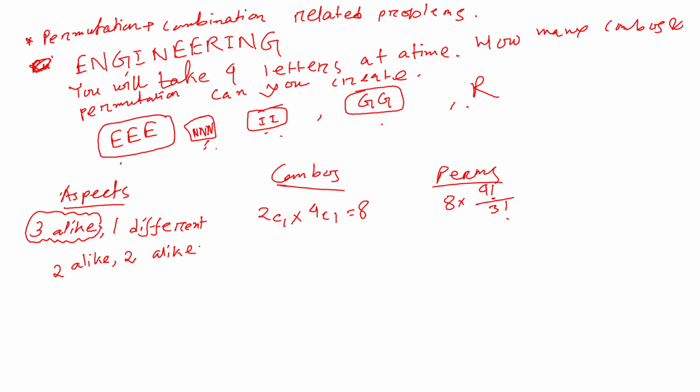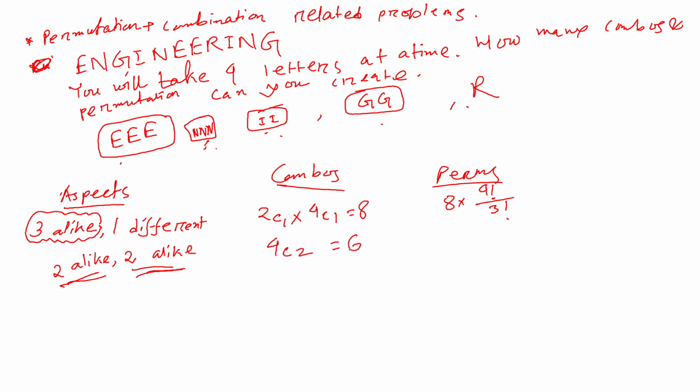Now how many ways can I choose two sets? I am taking two alike sets, and how many sets are there? Four. So how many ways can I choose these two sets? Excellent. 4C2. That would be equal to 6.